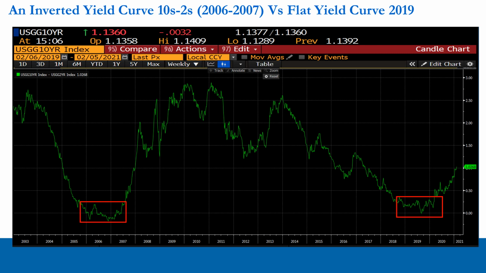And obviously, in the bond market, the yield curve started to steepen. We can see that on the chart in late 2019, when the yield curve started to steepen and go more positive.